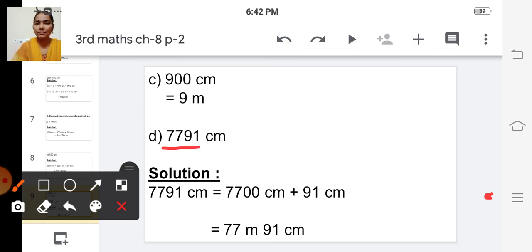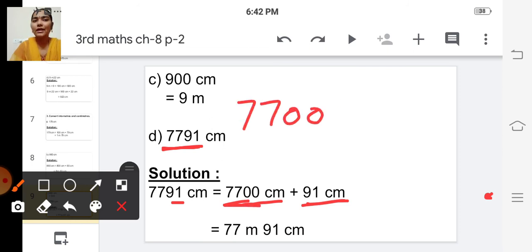7791 centimeter. So first thing we have to split this, right? So it can be written as 7700 centimeter plus 91 centimeter. In this, 7700 can be written as 77 into 100, right?